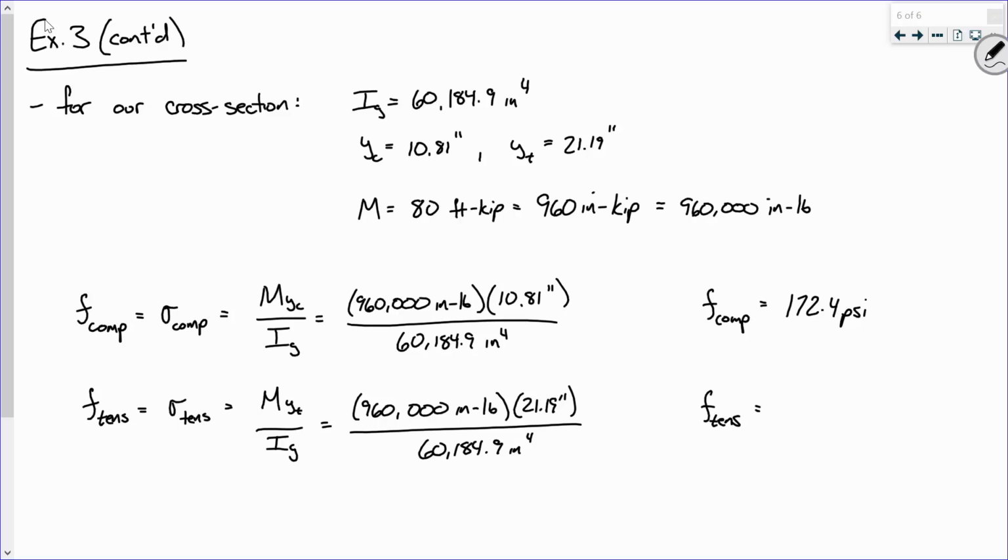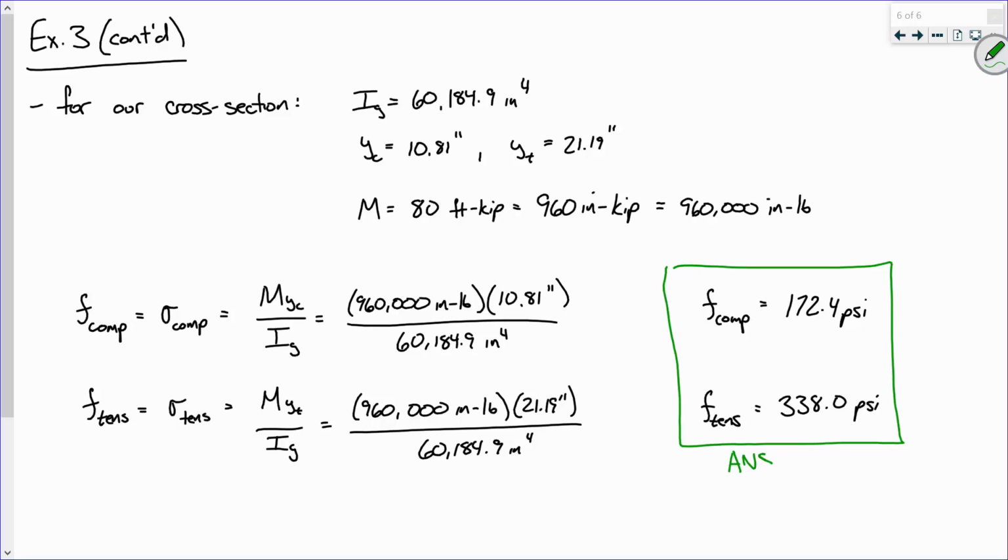So what does that come out to be? 338. There we go. That's going to be the answer for part A, because it's just asking for the stresses on the top and bottom due to that applied load of 80 foot kips. Not too bad, right? Pretty straightforward stuff. Any questions?